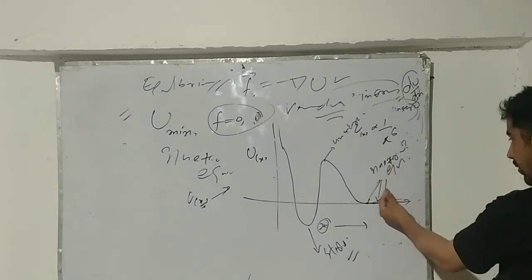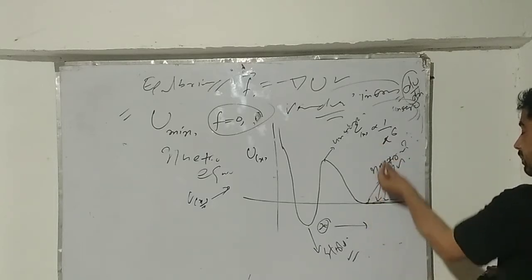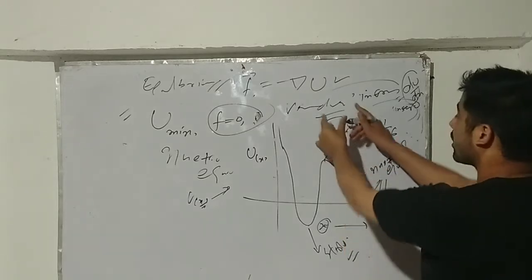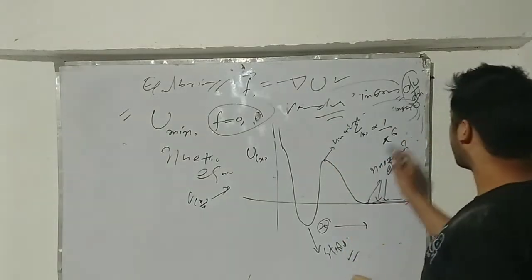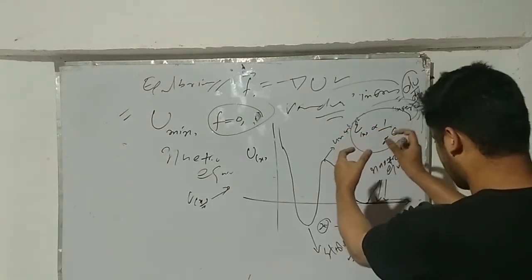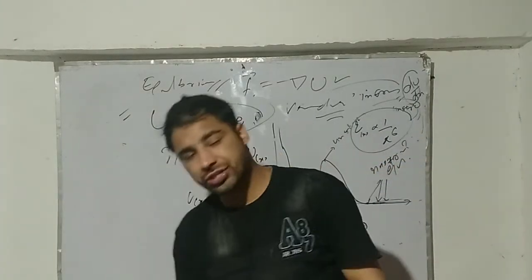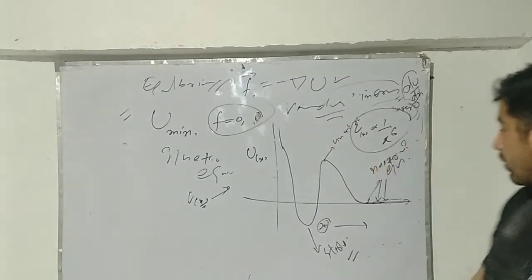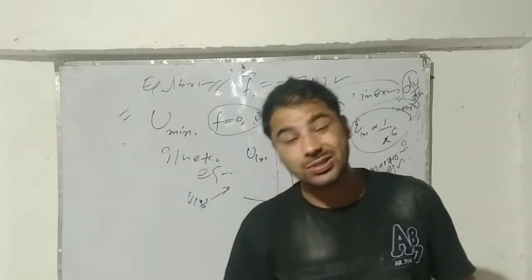At the same time, when the separation increases, in the van der Waals interaction, we come across this kind of conclusion. When we fit this potential energy variation with position in the van der Waals interaction, we come across a point that we call neutral equilibrium.